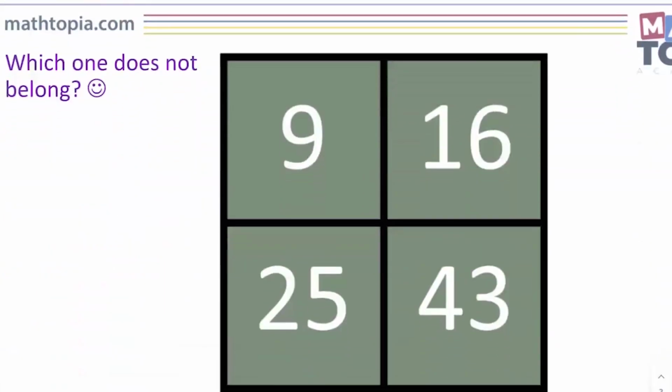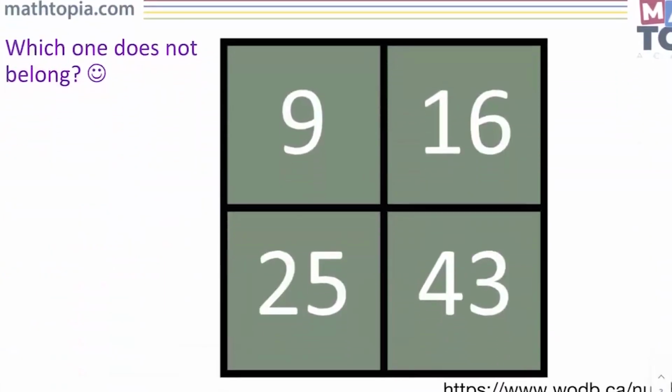Today, our number talk is called Which One Doesn't Belong? This is a good way of warming up and having some number talk. How does Which One Doesn't Belong work?